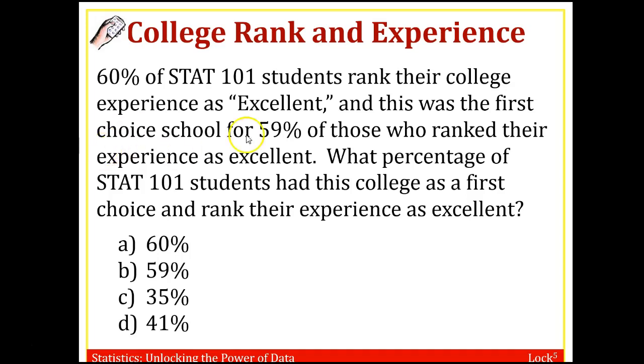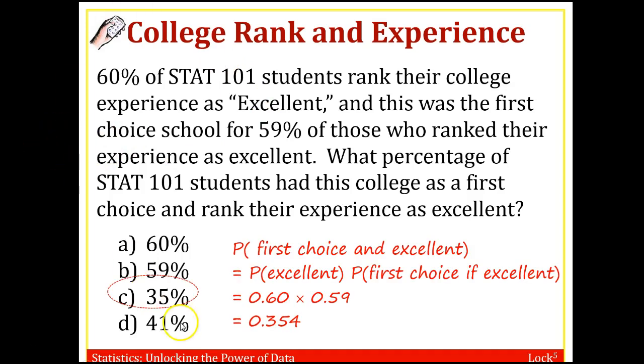All right, let's look at this. 35%. So we're looking for the probability that a person says their college was their first choice, and their experience was excellent. So this 59% was the first choice for those who rank their experience as excellent. We want to get used to translating the sentence into "if excellent."